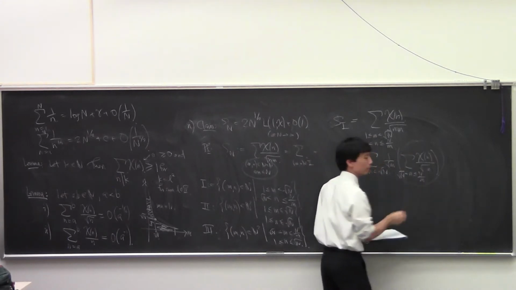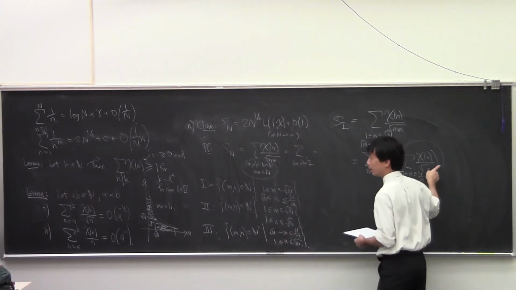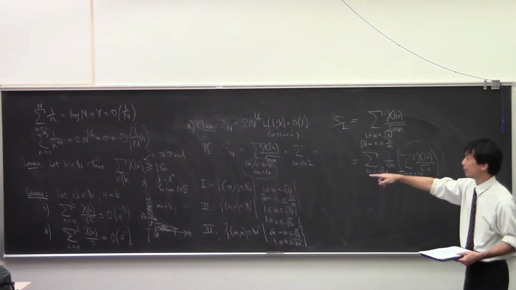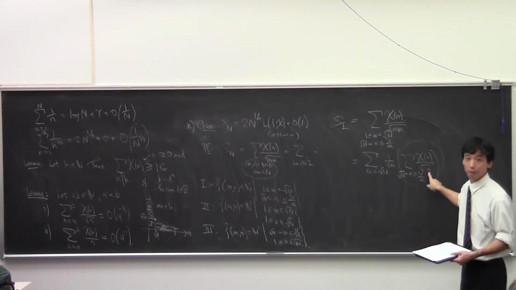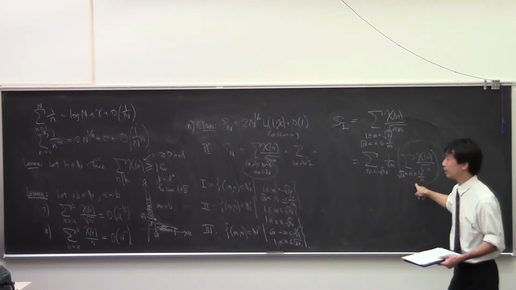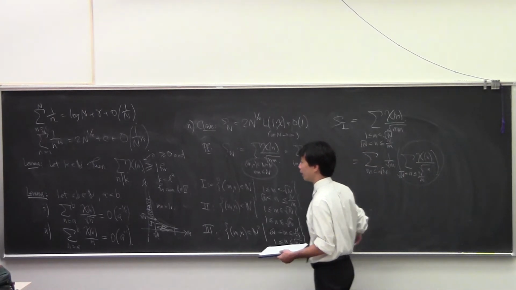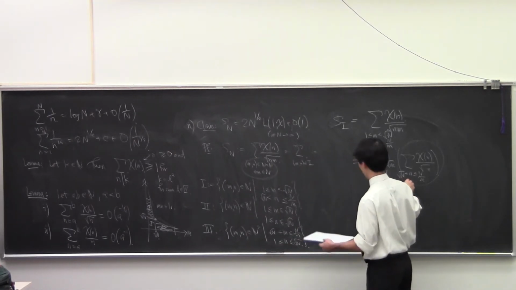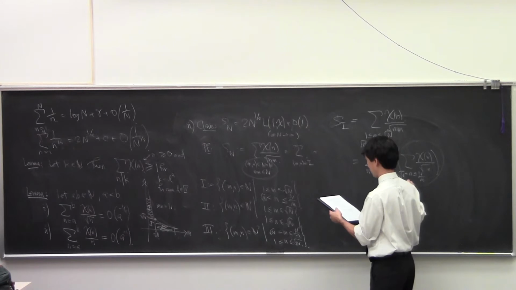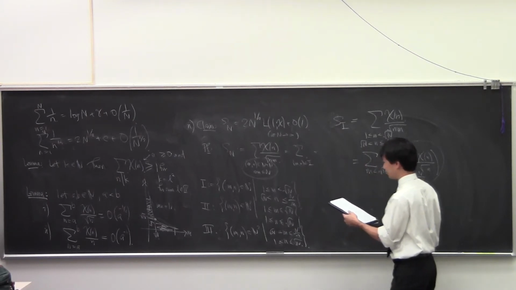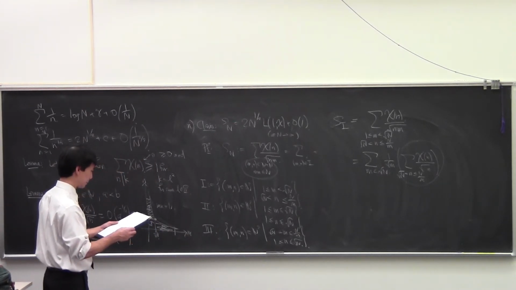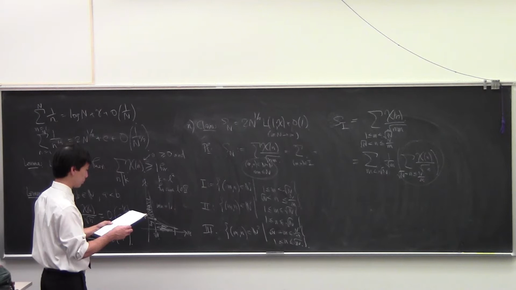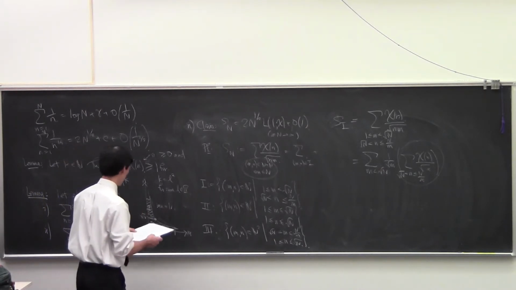And now we see we have something that we know about. This is the second lemma, the sum of the character over n between these two values, and so we have an estimate for that.